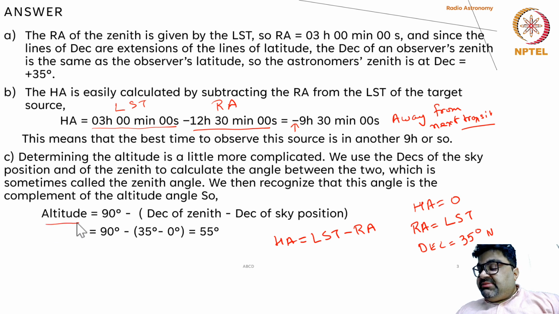Altitude is calculated as, because 35° is the zenith, the altitude of the source is 55°. That's the altitude of the particular source. So at the transit, the source will definitely be above the horizon.